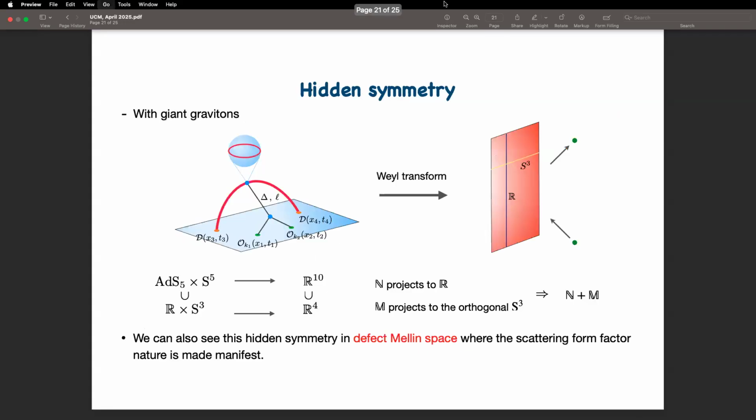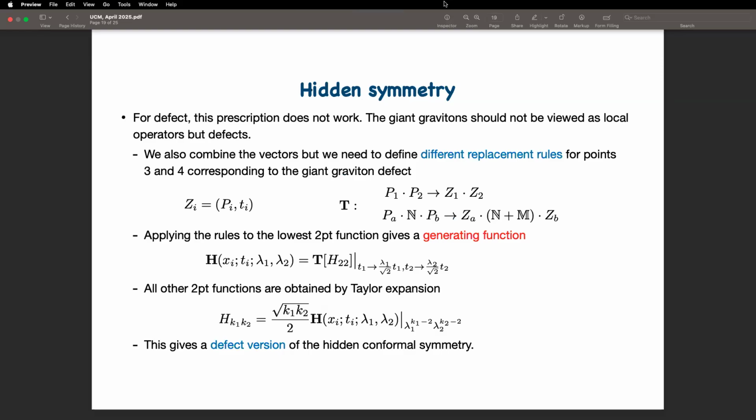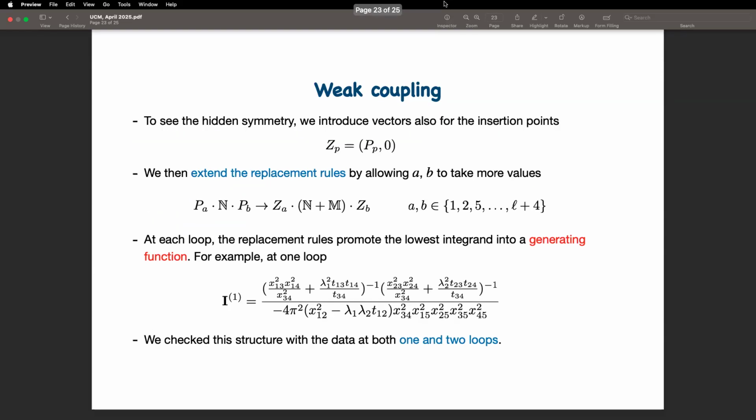And then we extend our transformation rules here by allowing these A and B to take more values. Initially it was just that A and B can only be 1 or 2, but now we allow them to also include 5 and all the way to L plus 4. In other words, we allow them to take values for all points other than 3 and 4, which correspond to the defect.